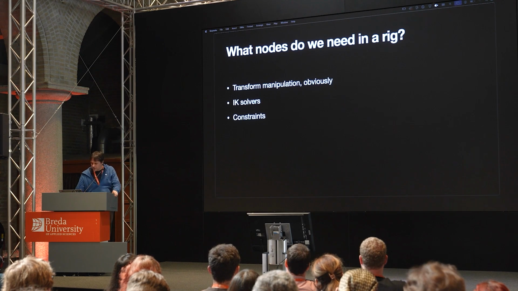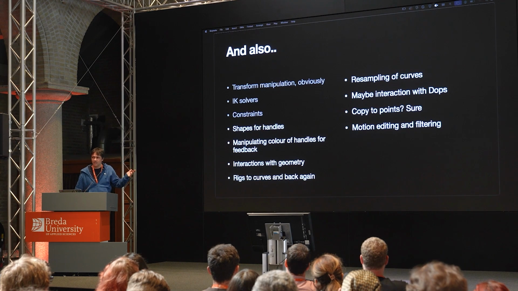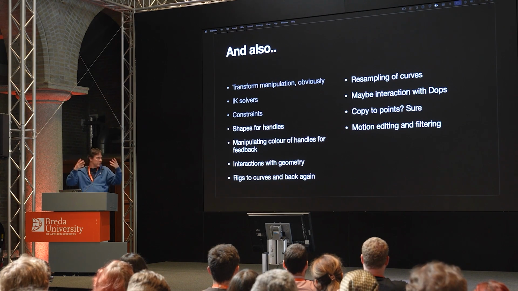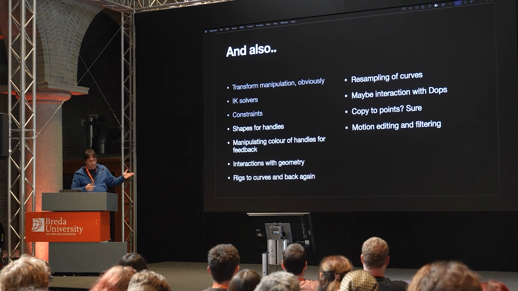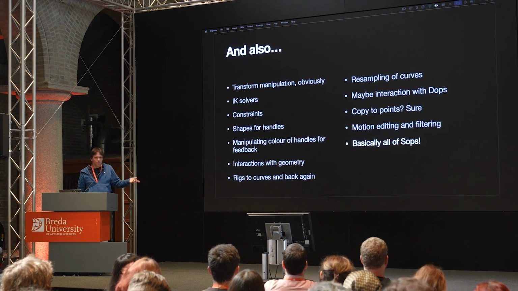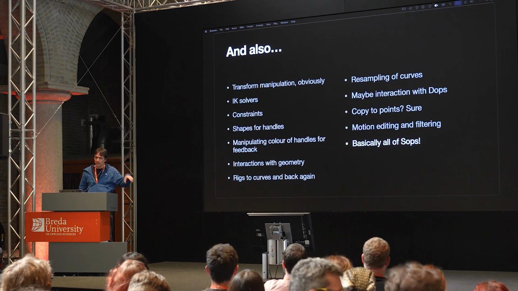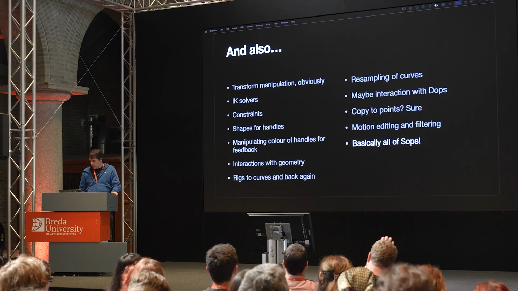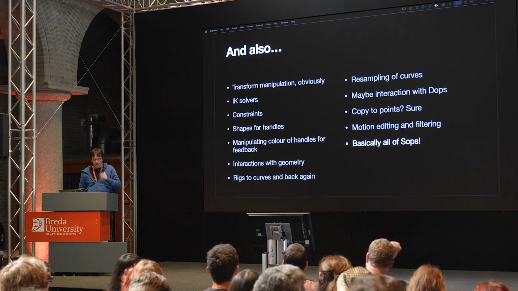But if you really think about it, a full production rig means all these kinds of things. Now you've got handles, and you need to be able to change colors of stuff. You need to give feedback to the user, all this kind of stuff.